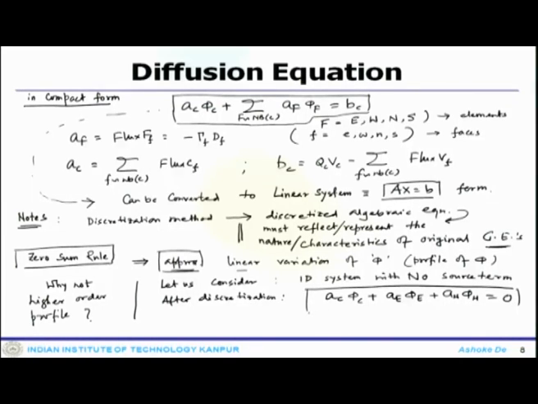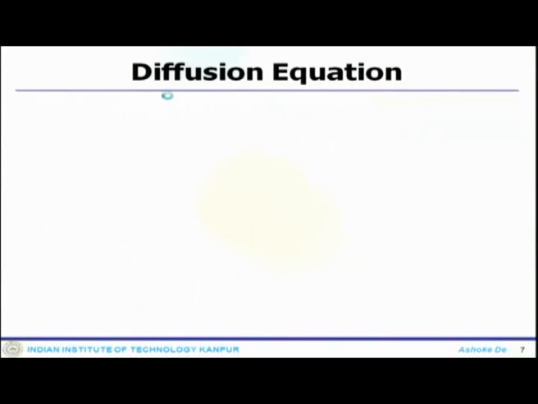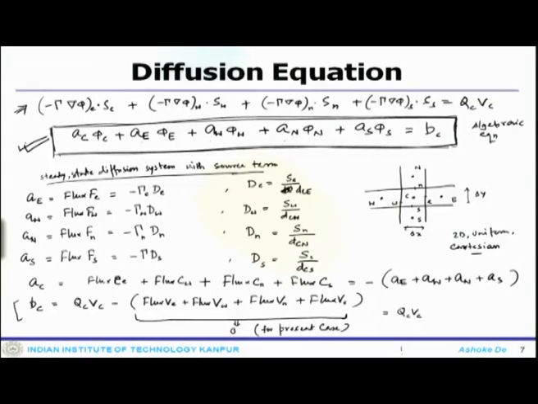One can see straight away from this equation that once we say one dimensional system, there is no north and south, so there is no source term and the B and C terms go off.